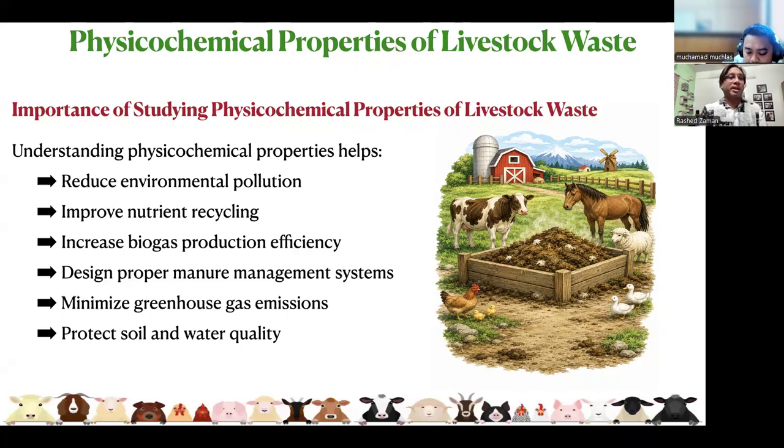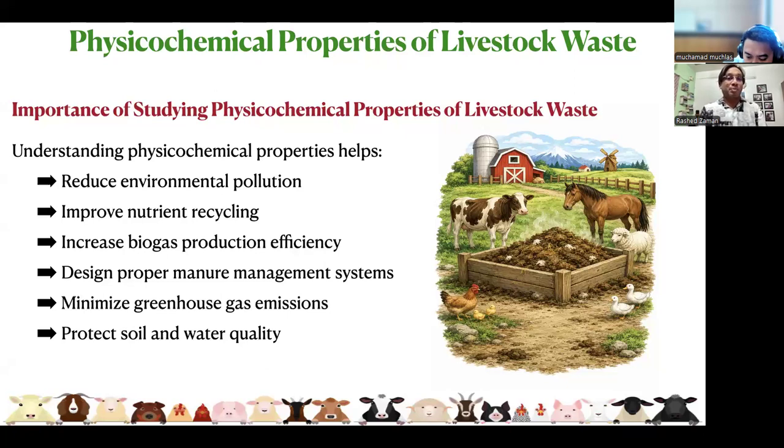And it also helps us to increase biogas production efficiency by maintaining suitable waste composition and environmental conditions for microbial activity. Next, it can also help us in designing a proper manure management system to ensure safe collection, storage, treatment, and utilization of the livestock waste.